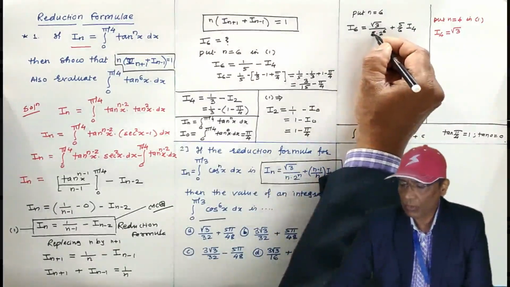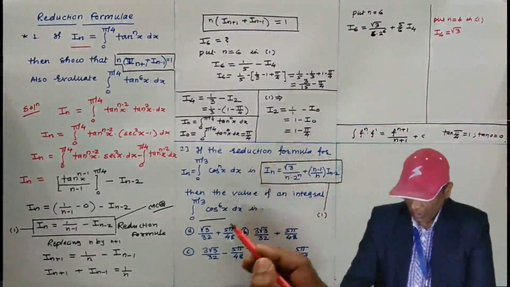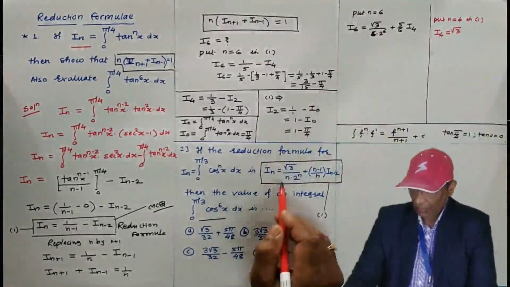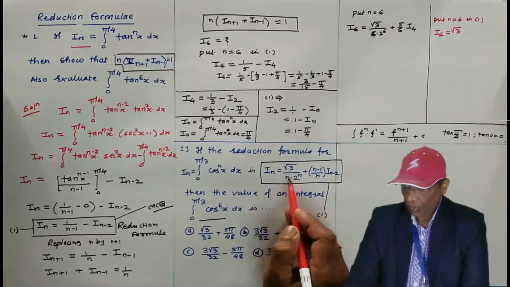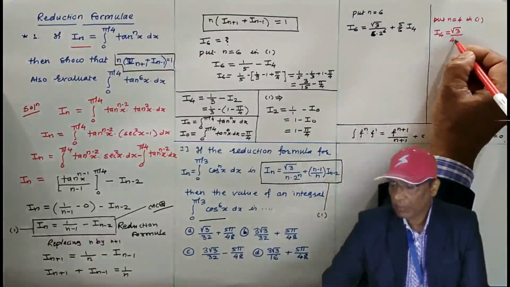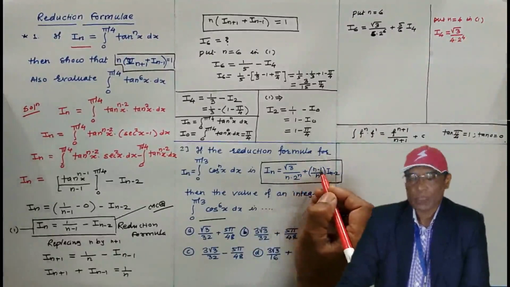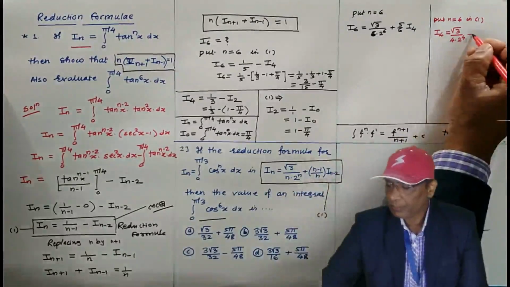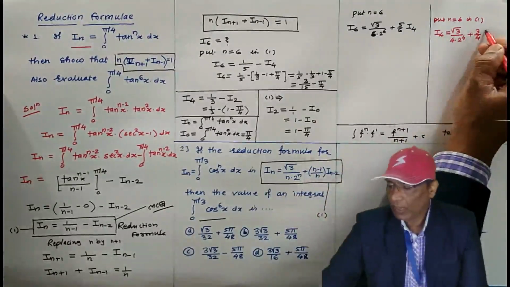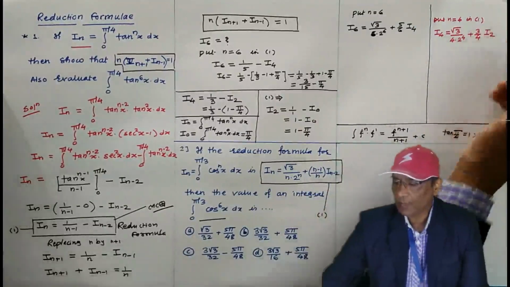Here I have written 2, but it should be 6. Now substitute n equal to 4. If you put n equal to 4, root 3 by 4 multiplied by 2 power 4, and 4 minus 1 means 3 by 4, I2 for 4 minus 2.